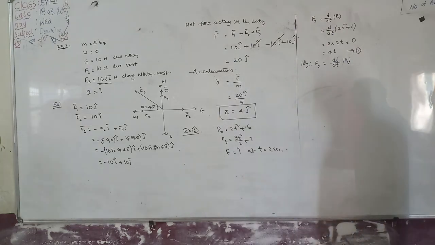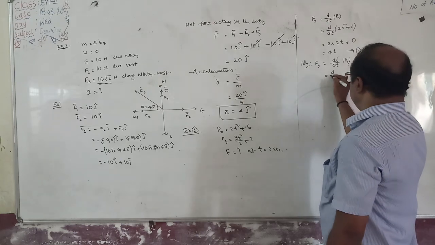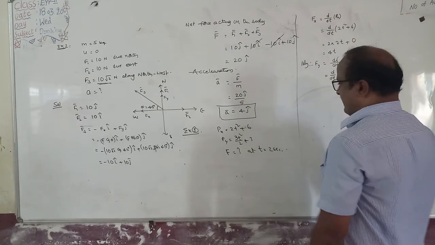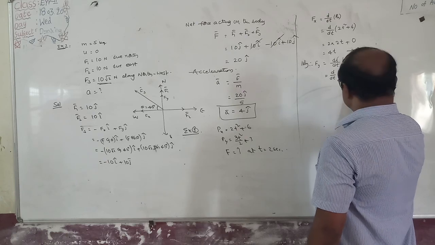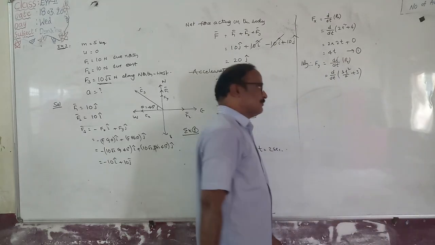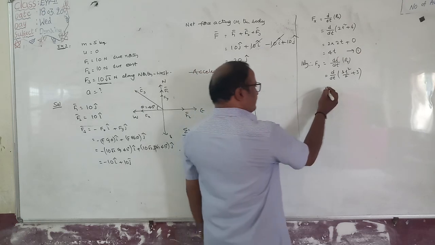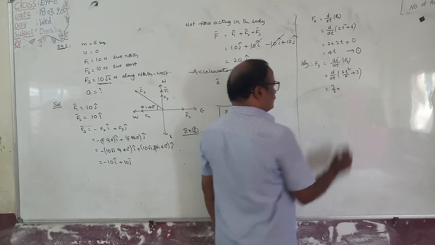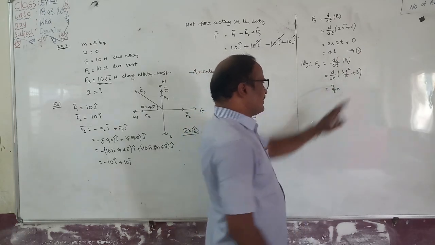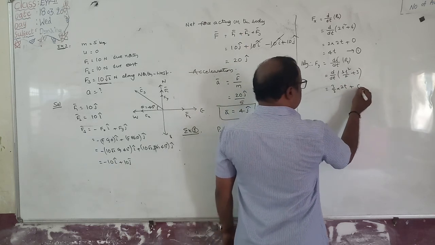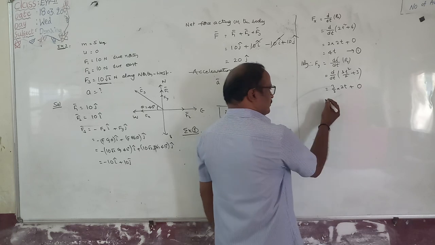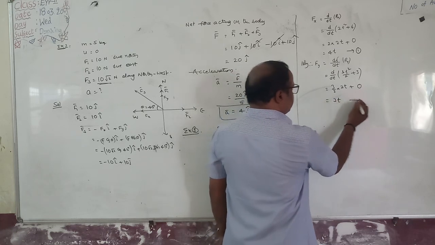That is equal to d by dt of 3t square by 2 plus 3. On derivative, this 3 by 2 constant into d by dt of t square is equal to 2t, plus d by dt of 3, which is a constant. Derivative of a constant is 0. 2 cancel. This is equal to 3t. This is equation 2.